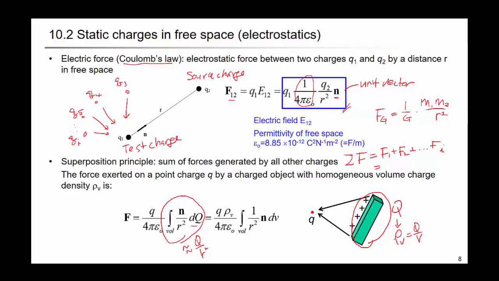And if the rho v is constant with respect to the distance from the test charge, then we can take out the rho v, and only this remains. So you can just remember that the superposition rule is valid for the electric force from static charges.